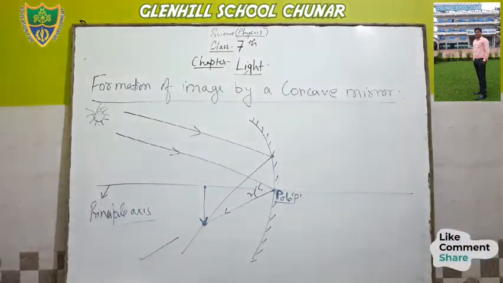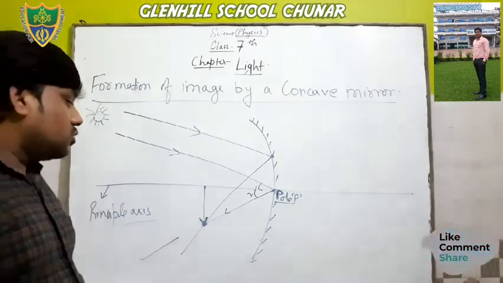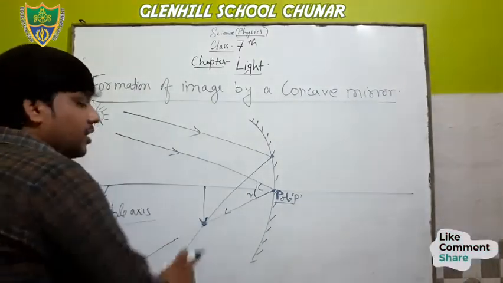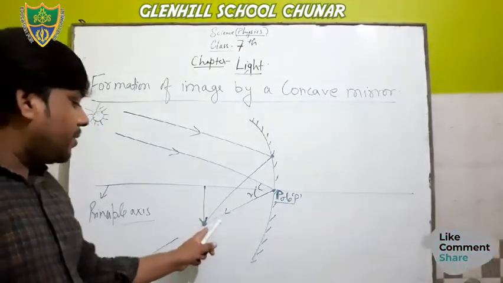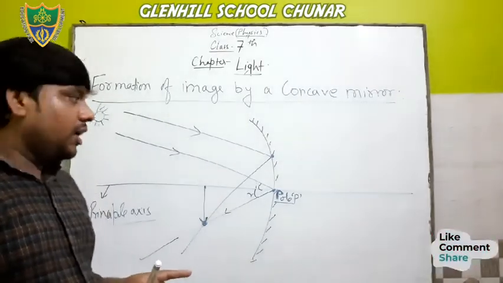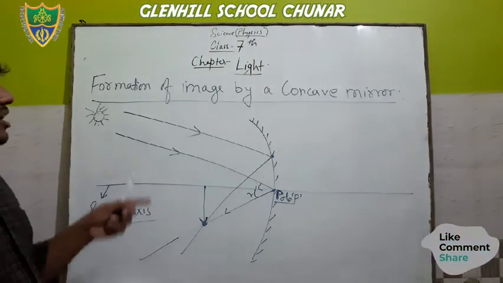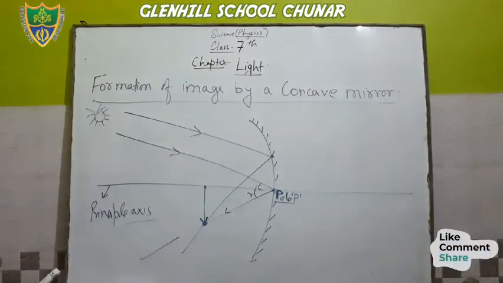So due to this intensity of light, the paper starts burning. Okay, clear? This is the formation of image by a concave mirror. Clear, all of you?